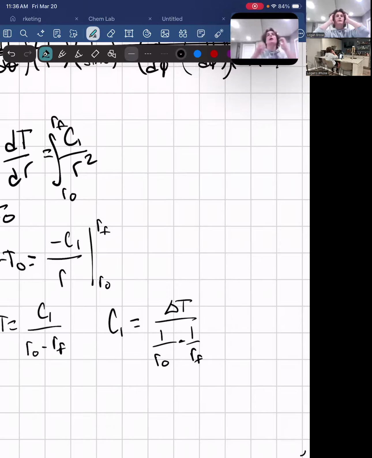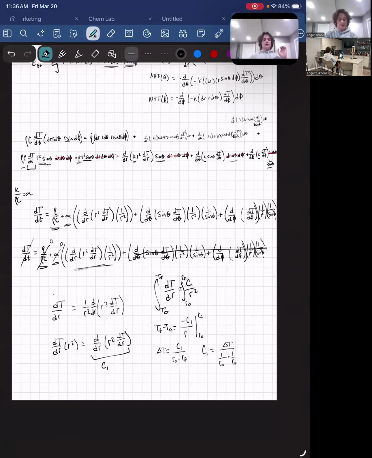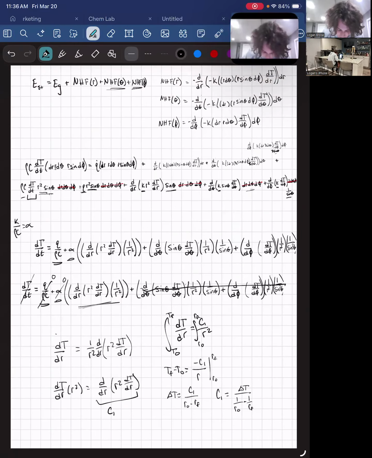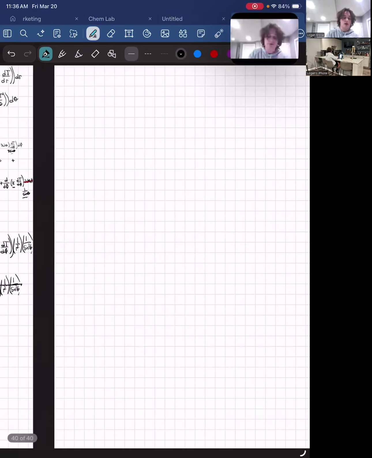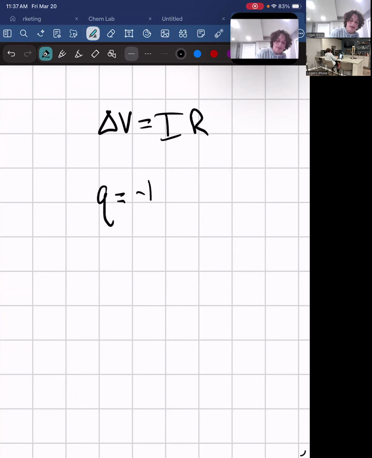And so what we want to do now is relate this to Ohm's law, much like we did before, because we're going to try and find our thermal resistance. So Ohm's law, we have our delta V equals our current times our resistance. How we related it before was Fourier's law, so Q equals minus K A dT dr.